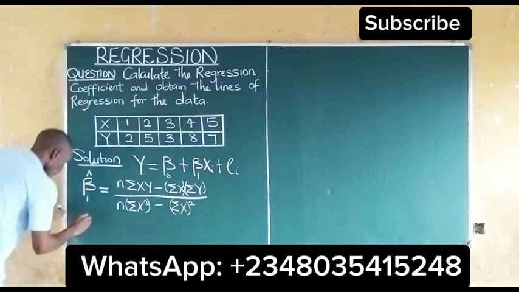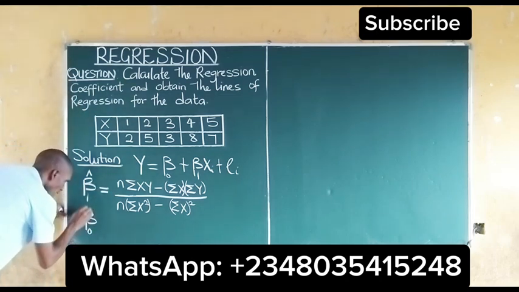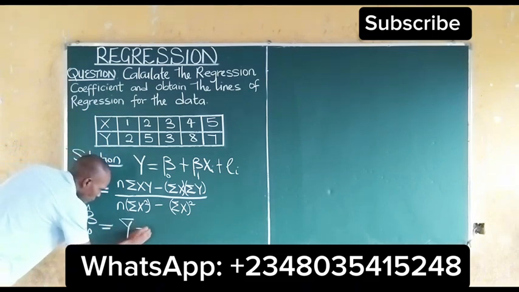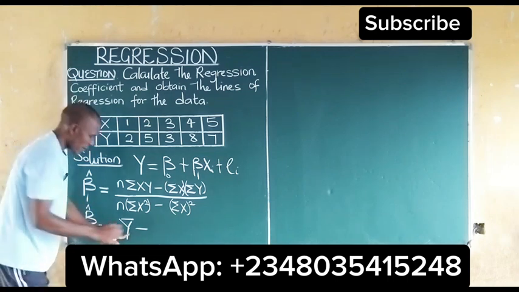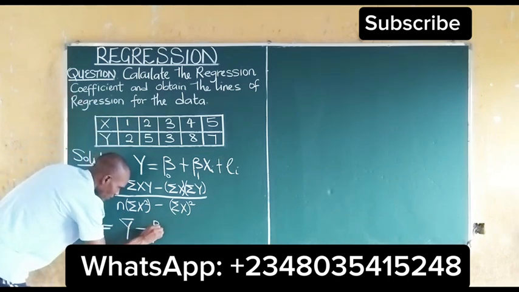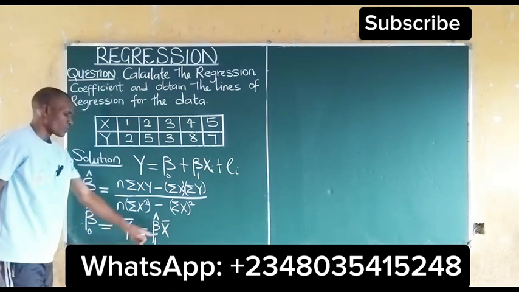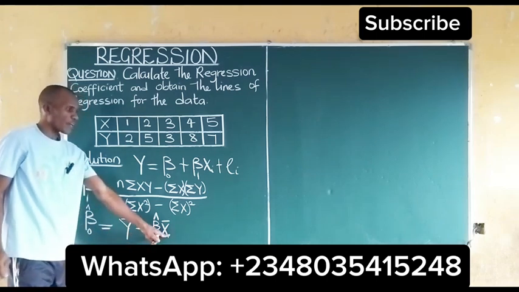So this is our b1. And our b0 estimate can be written as y bar, which is the mean of y, minus b1 estimate times x bar, which is the mean of x.